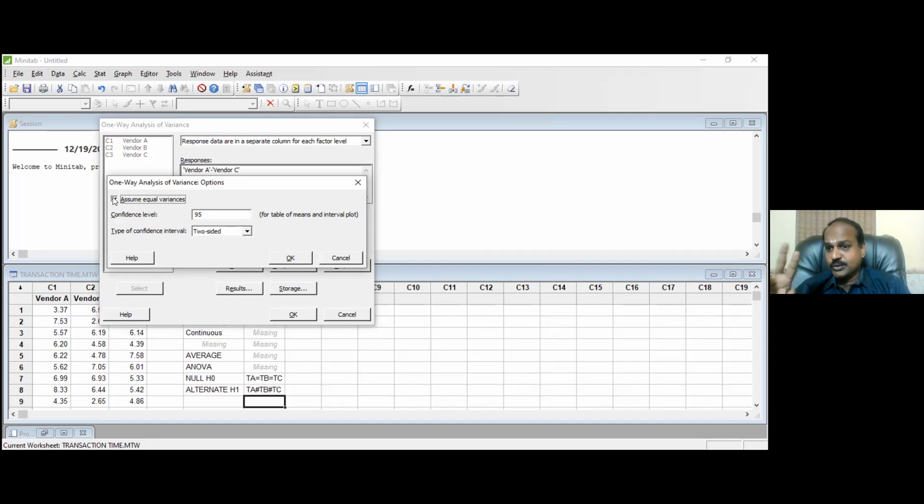When there are 2 groups, we do a variance test. When there are more than 2 groups, the variance test is called the Bartlett test or Levene test. Right now, you have to do either a Bartlett test or a Levene test. I know this problem already. I have dealt with it. Variances are equal, but you need to do the test. Right now, let us assume equal variances. So, shall I tick assume equal variances here? Tick mark.